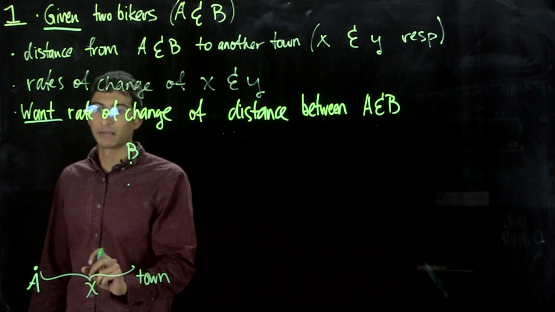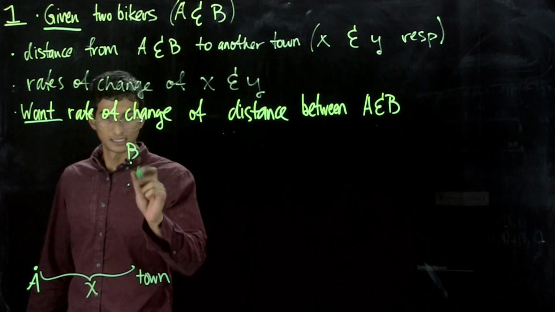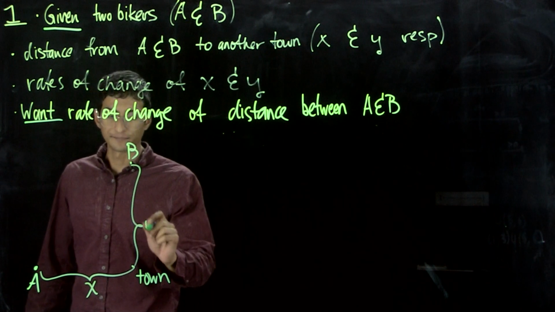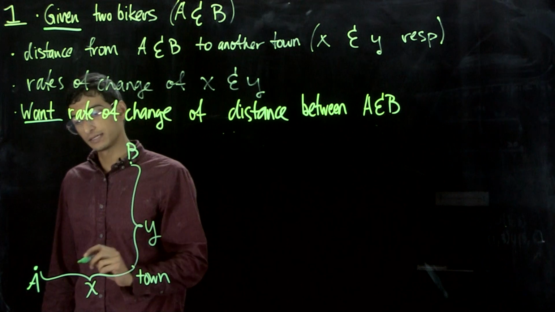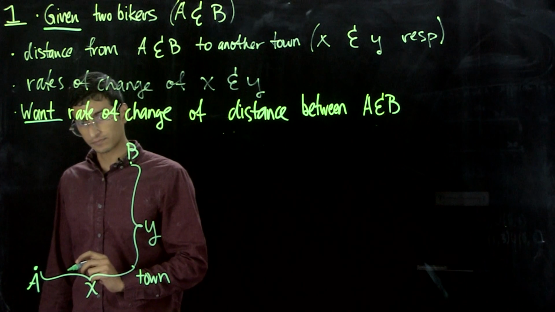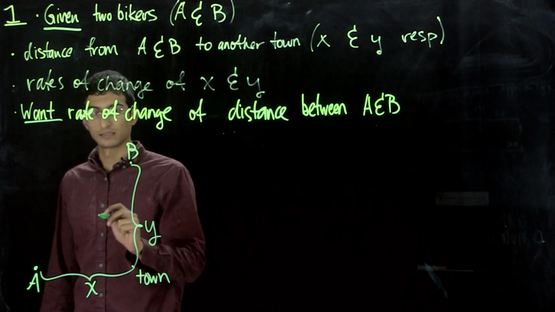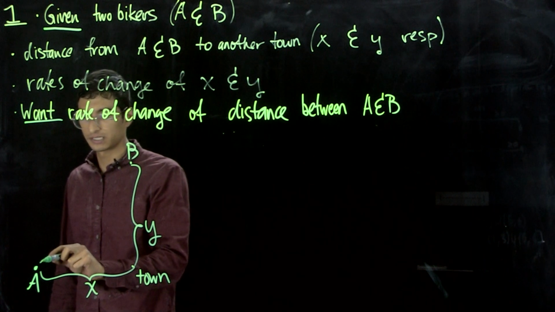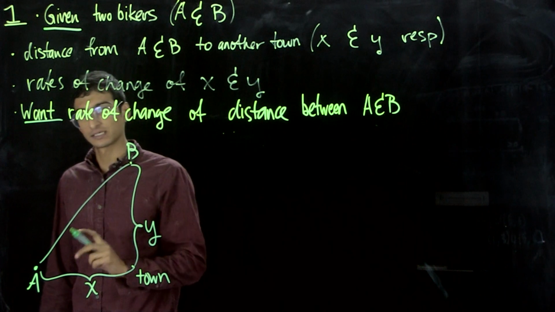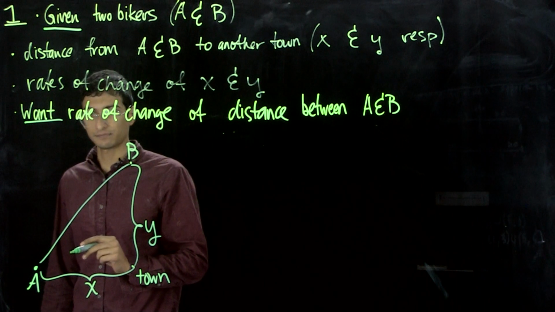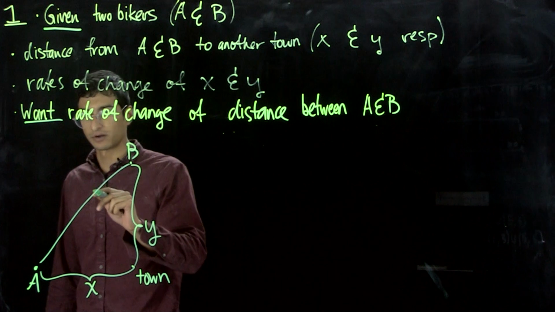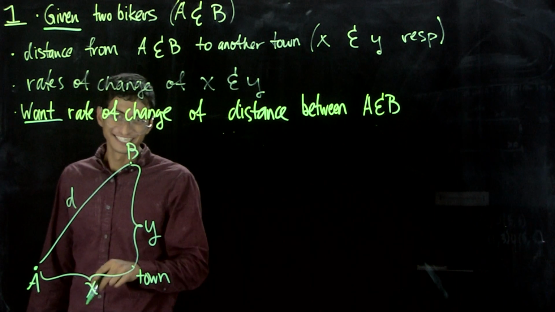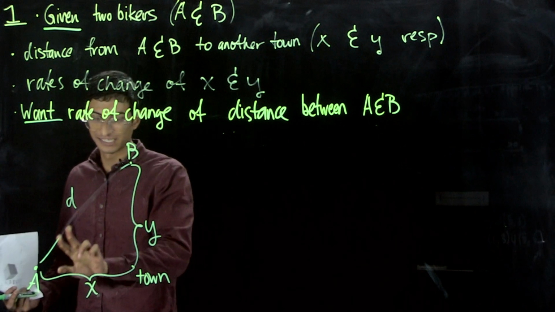This distance I'm letting be X. Distance from B to town I'm going to call Y. And the distance, the unknown, I'm going to call D. That's supposed to be a straight line. I'll make it a straight line.